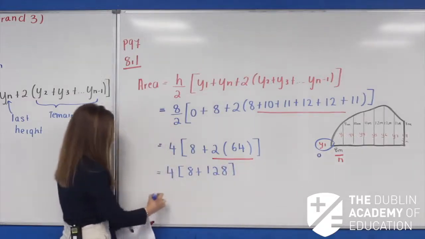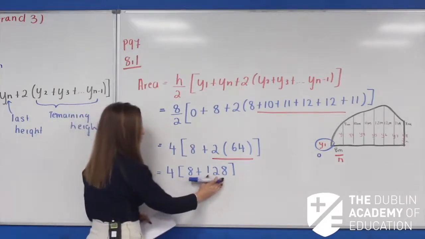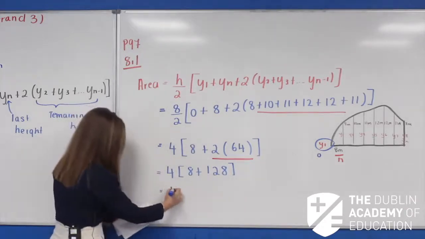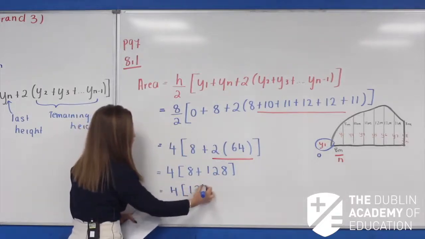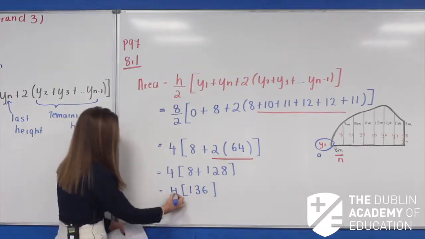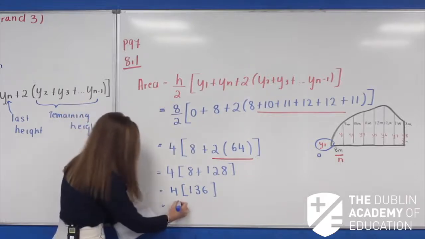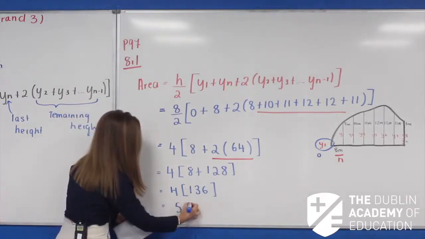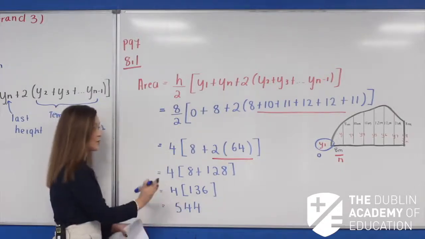Close my bracket. Next thing I'm going to do is add 8 plus 128. So 4 times 8 plus 128 is going to give me 136. Close my bracket. Finally, 4 times 136 is going to give me 544.